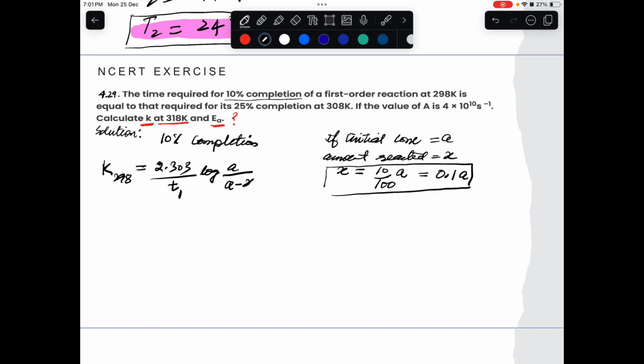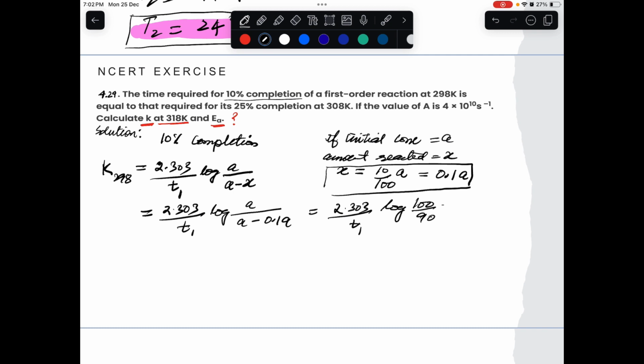This is equal to 2.303 divided by the time taken in the first case, and log of the initial value A divided by A minus X. So we will put down the values here: 2.303 divided by T1, log of A divided by A minus 0.1A. After simplification we have 100 by 90, because 0.1 is there in the denominator.